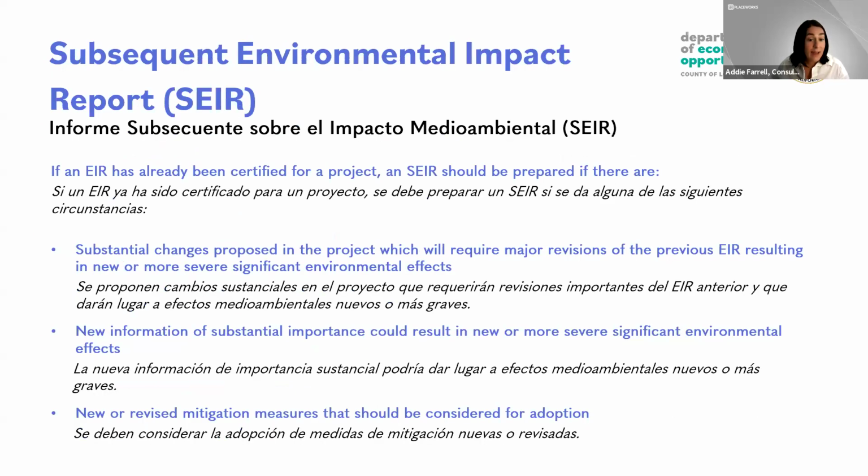And since we already have an EIR from 2014 that has been prepared and approved, and we have a substantial amount of information, previous studies, and mitigation measures that have been adopted by the county, the CEQA guidelines requires in these instances where there's already been an EIR certified for a project that a subsequent EIR should be prepared if certain conditions are met. Those are outlined on your screen here.